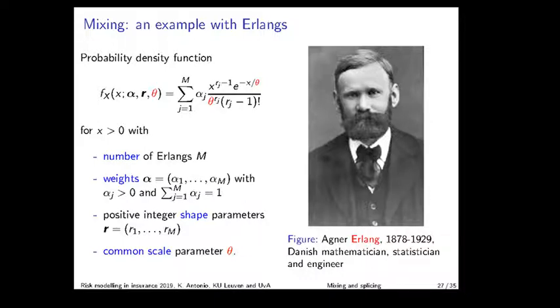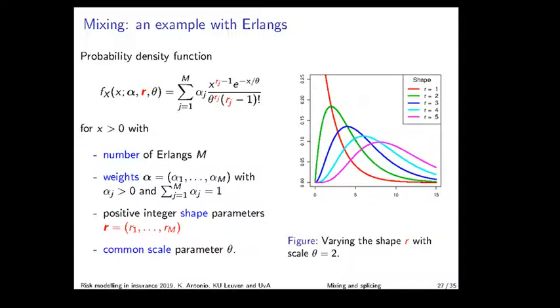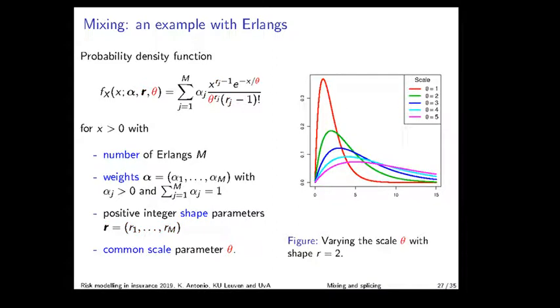Note that the density of the Erlang distribution is in fact the density of a gamma distribution where the shape parameter r_j has to be a positive integer. Here you see a couple of shapes of possible Erlang distributions with varying shape in this case and with varying scale parameter in this graph.